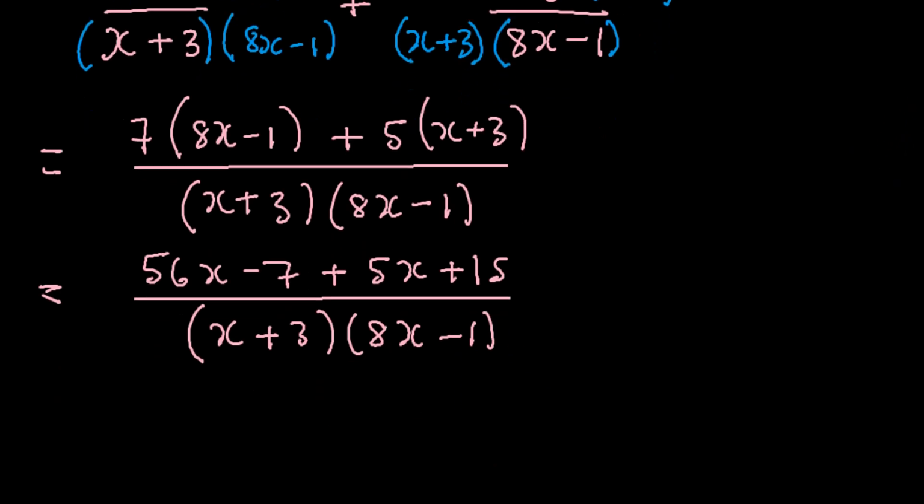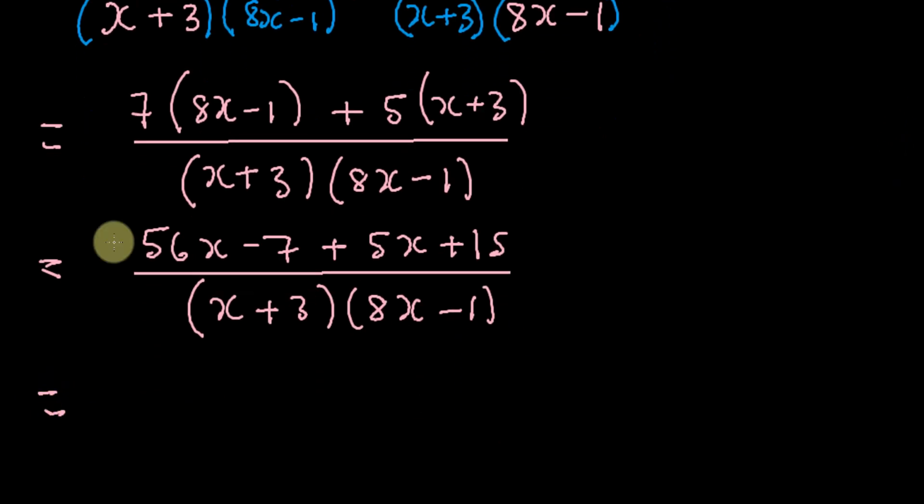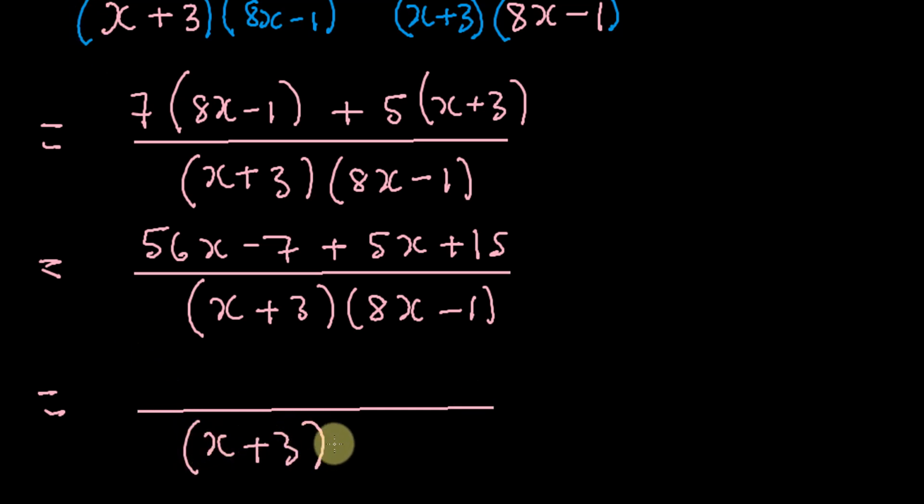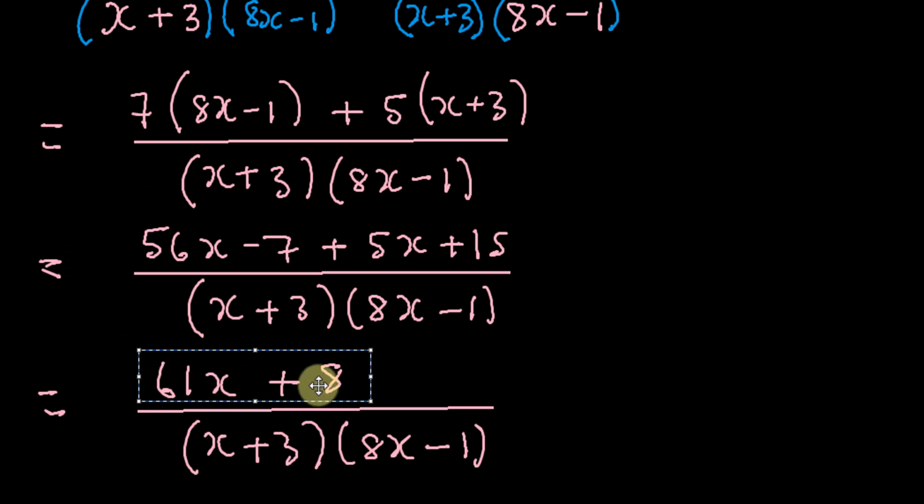Our last step now is to add like terms. So 56x plus 5x is 61x, and negative 7 plus 15 is positive 8. And this is the final answer.